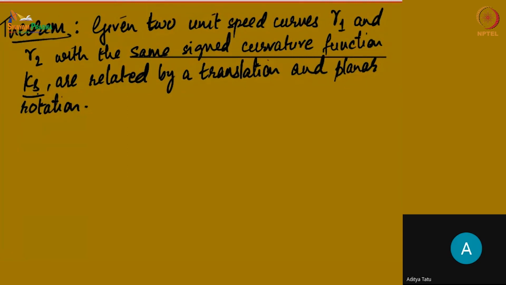From an application point of view, let's say you want to recognize objects from images, or you want to do a classification, or you want to match two objects, right? The shape or the curvature is going to be the same if the objects are the same. Okay, so you can use the curvature information as a feature. But again, let me not get into applications. This statement is what we will prove, and it relies only on calculus that you have studied so far.